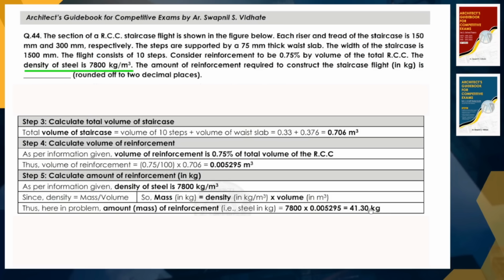So this is the final answer we need to put in the final answer. As per the official answer key, the range of answer is between 38.00 to 44.00. Our answer is in between this range. We will get full marks for this numerical answer type question.